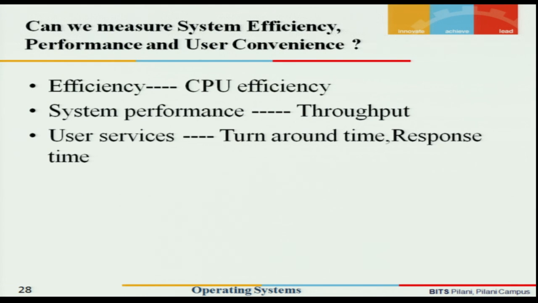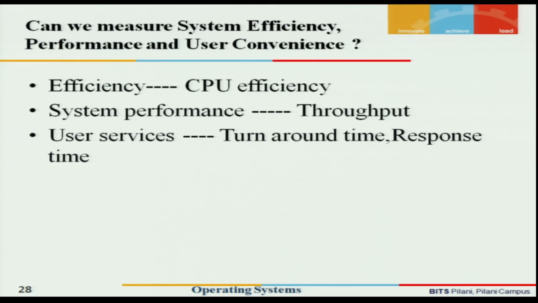As we said, regarding performance and efficiency, the question arises: can we measure system efficiency, system performance or user convenience? The answer is yes. Efficiency we can think of in terms of CPU efficiency, that is, for how much period of time the CPU is kept busy executing programs. System performance can be measured with the help of throughput, that is, the number of programs executed over a given period of time.